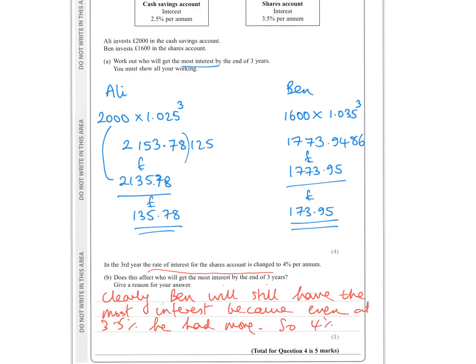So 4% will only increase his interest. So can you see what I mean? If it was 1.035 for the final year, he still had more. So if you made the final year 4%, because he had more at 3.5% overall, by changing one of them to more than 3.5%, i.e. 4%, it's not going to change who has most. He's still going to clearly have more. Okay, so that's what I would write for that 1 mark there.